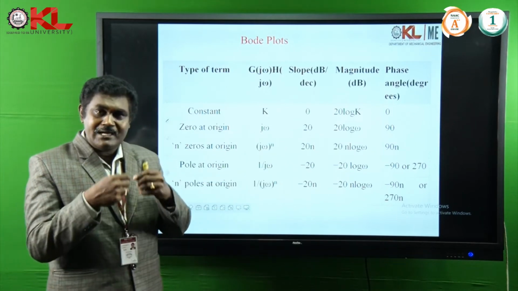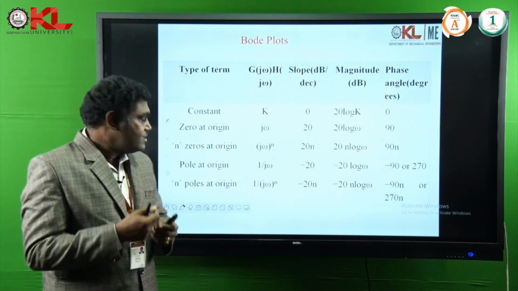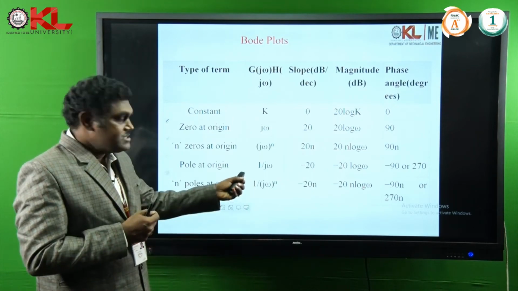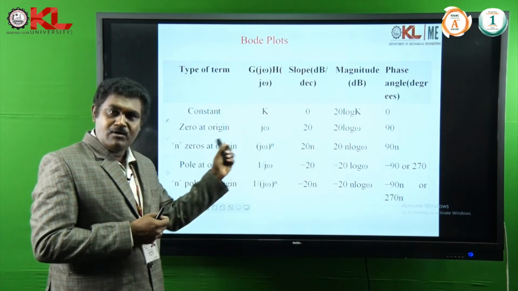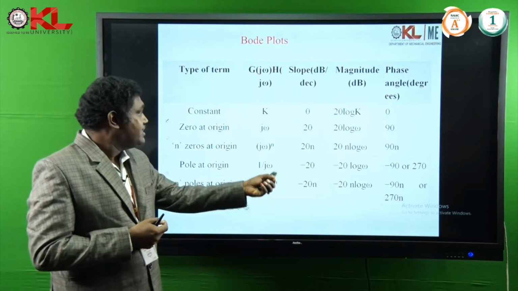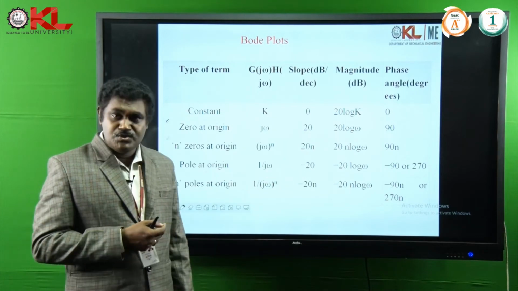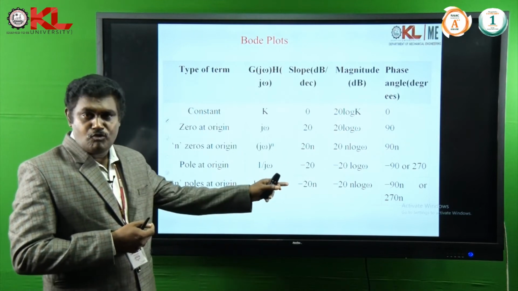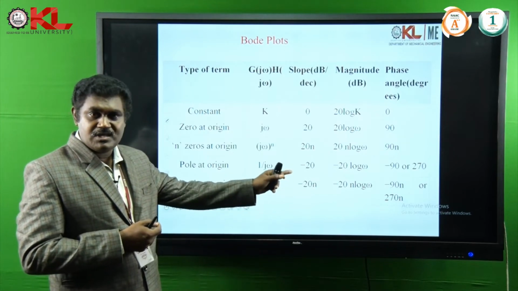Similarly, the pole at origin represents 1 by s, that is 1 by j omega. So, what is the slope? If it is a pole at origin, the slope is minus 20, and the magnitude is minus 20 log omega.